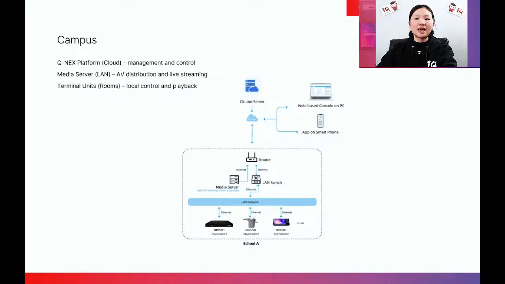So at the campus level, Q-NEX forms a clear three-layer structure: Q-NEX platform, management and control; media server, AV distribution and live streaming; terminal units for local control and playback.